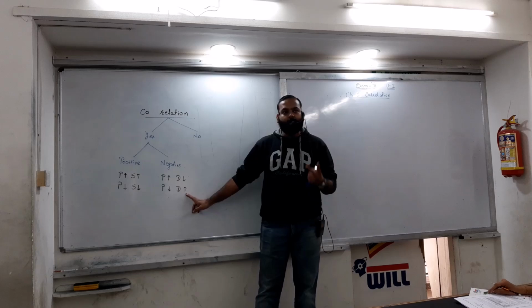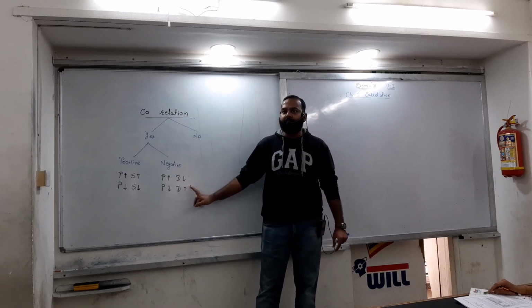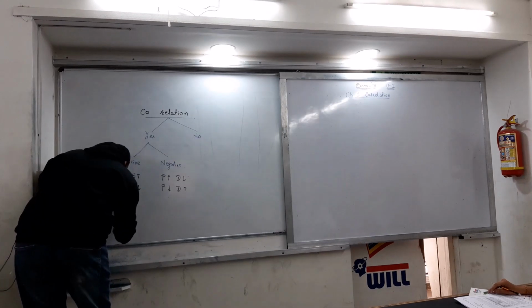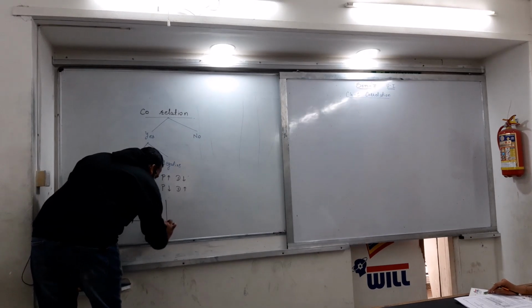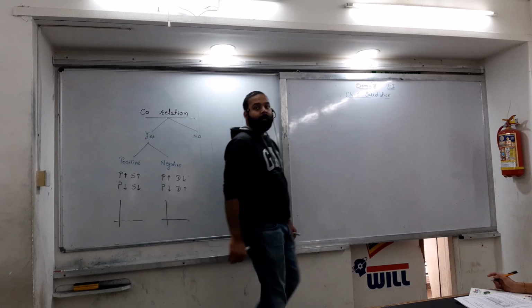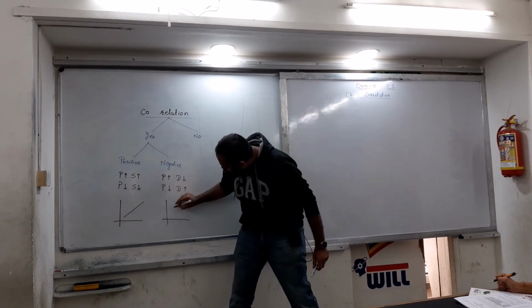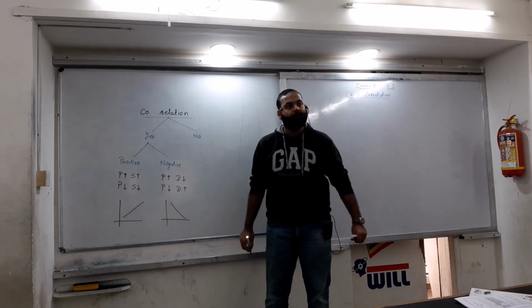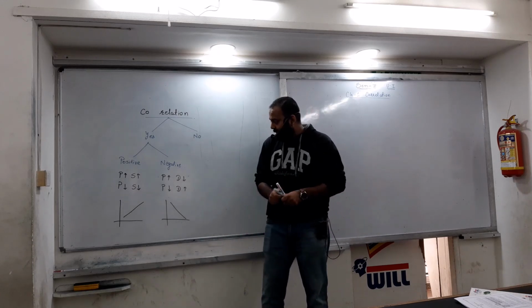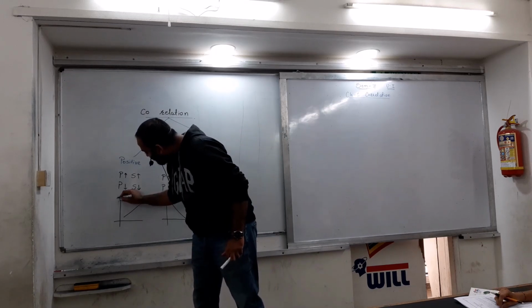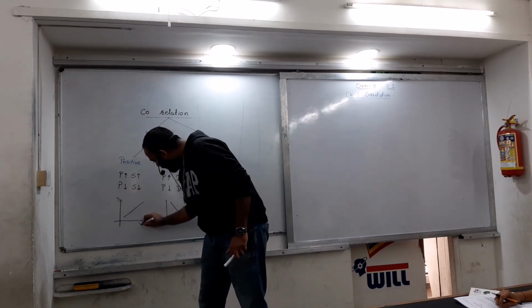In this case there are two components, one is price and one is demand. If I draw the graph, is the supply curve upward sloping or downward sloping? Upward rising. The supply curve is upward rising, whereas the demand curve is downward sloping. This is your y-axis, this is your x-axis.